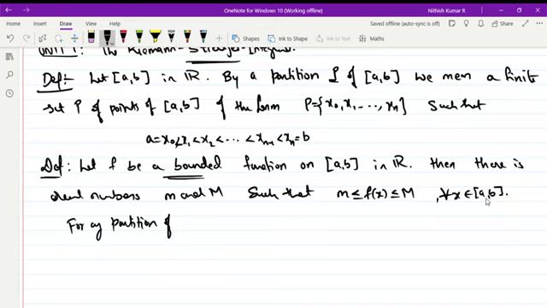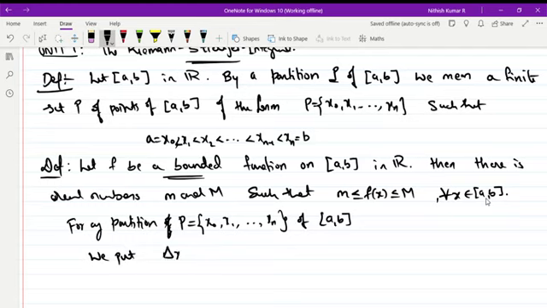For any partition P = {x0, x1, and so on up to xn} of the closed interval [a, b], we put delta xi equal to xi minus xi-1 for all i, 1 less than or equal to i less than or equal to n.